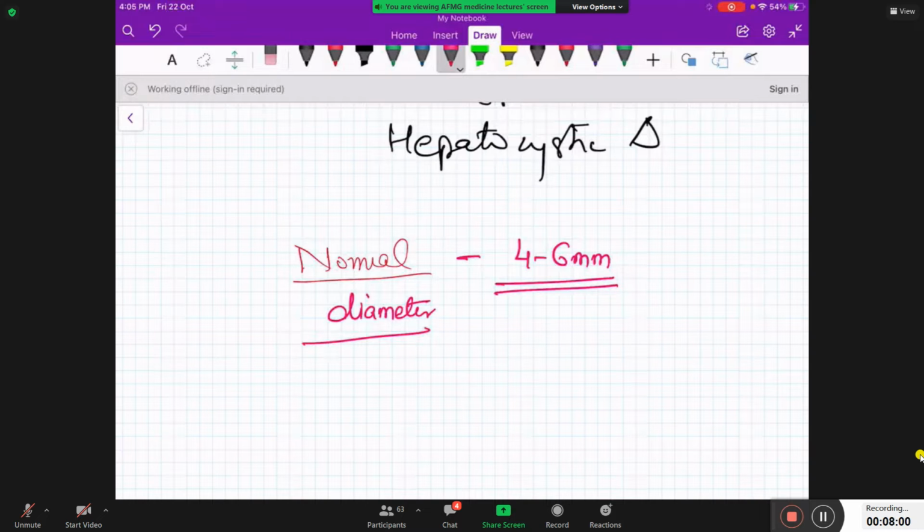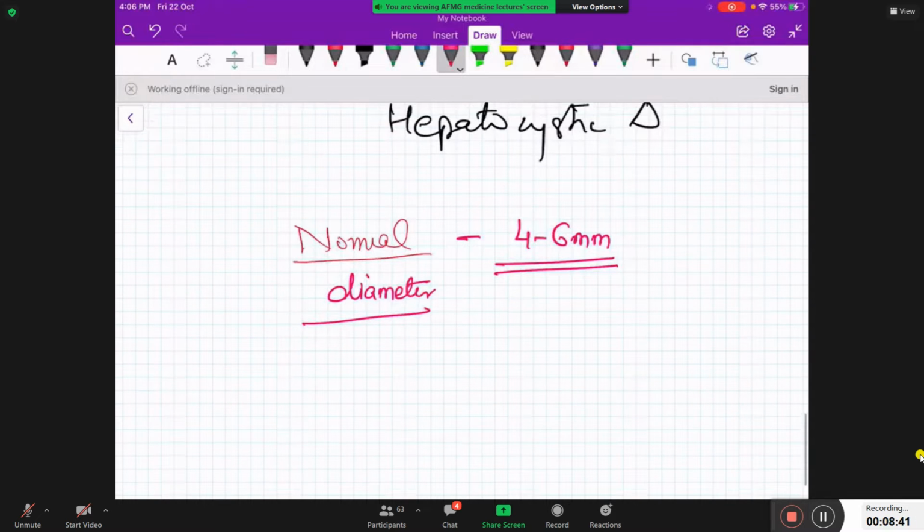So anything more than 6 mm is considered as a dilated CBD. They can give you the diameter of the CBD and expect you to say whether the CBD is dilated or not, and if the CBD is dilated, our approach in a given scenario changes. So we should know when we will call a CBD a dilated CBD. Any diameter more than 6 mm of CBD will be considered as a dilated CBD.